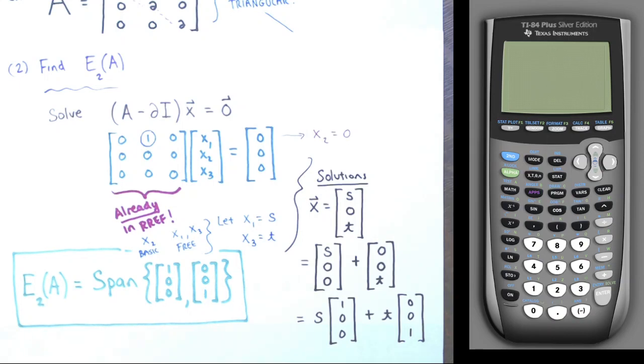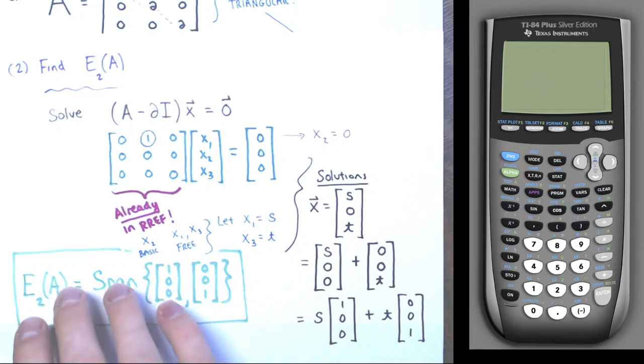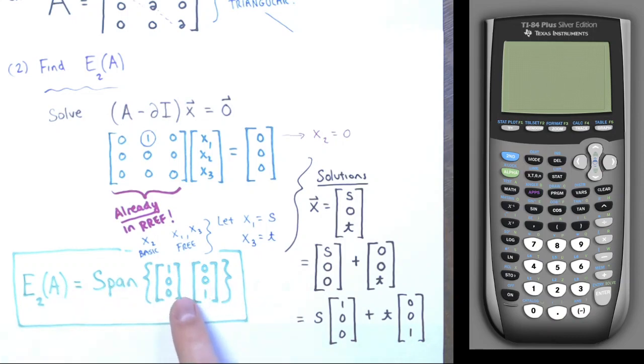And if you did this correctly, which I know I did, this set here with these two vectors, 1, 0, 0 and 0, 0, 1, form a basis for this eigenspace. Clearly they span the space, and these two vectors are not scalar multiples of each other. Remember a set of vectors. Pardon me, the dog's barking. I'm sorry.